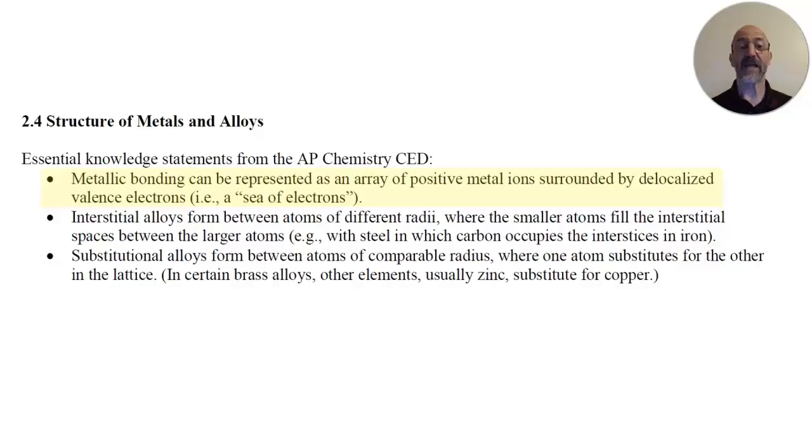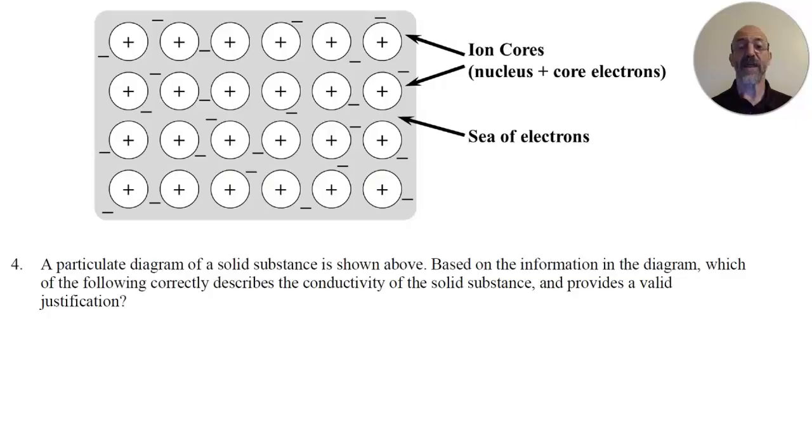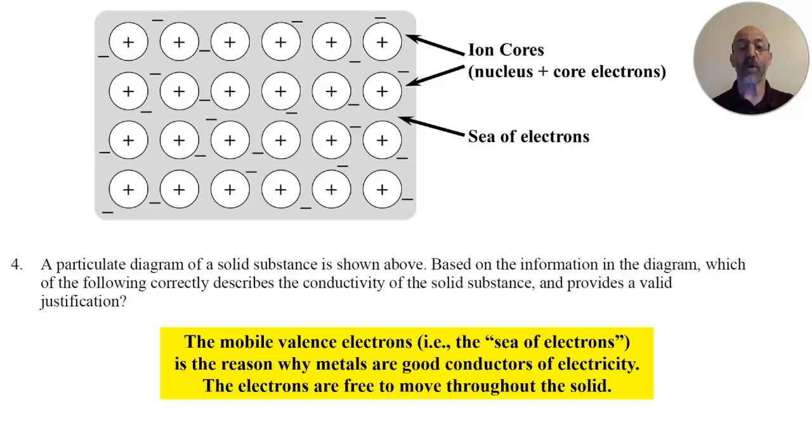Metallic bonding can be represented as an array of positive metal ions surrounded by delocalized valence electrons, that is, a sea of electrons. So now we have to consider, is this metallic solid going to be a conductor of electricity? Now you may already know that metals are good conductors of electricity. Why? Because of the mobile charges, specifically the electrons.